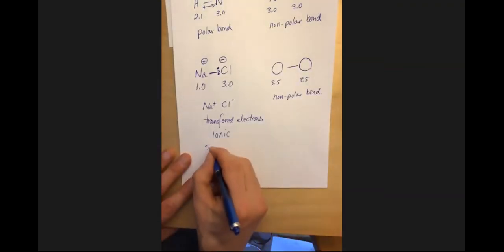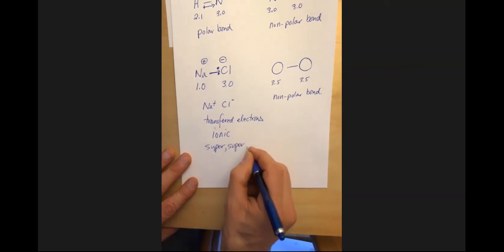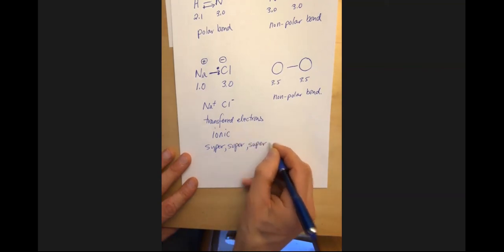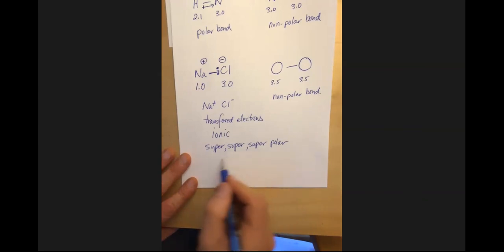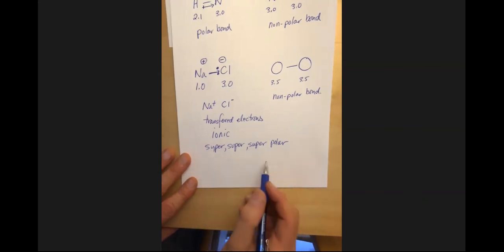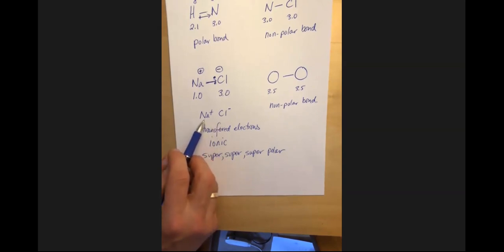And it's super, super polar, right? I mean, it just goes on and on. I don't know whether it's 3 supers or 4 supers or 5 supers. The chlorine is attracting that electron really, really strongly. Sodium is barely holding onto it at all. And so the electron gets transferred over.